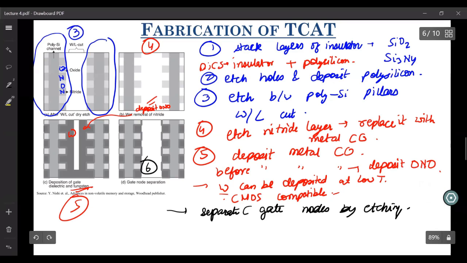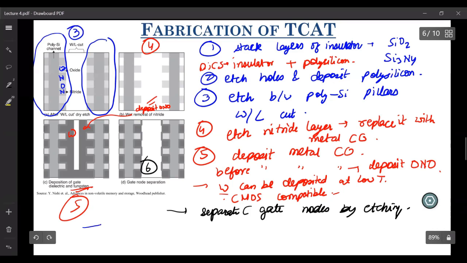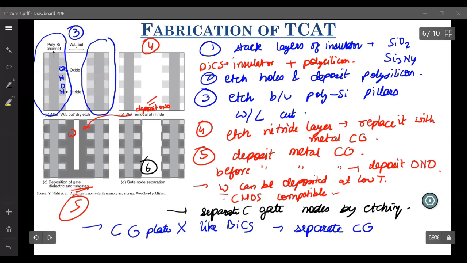Here you separate two control gate nodes, and because of this separation, you do not end up having a control gate plate like PICS, but you have separate control gate electrodes.